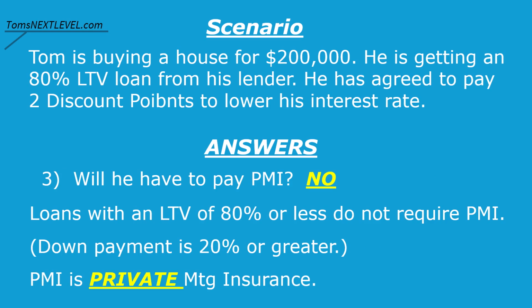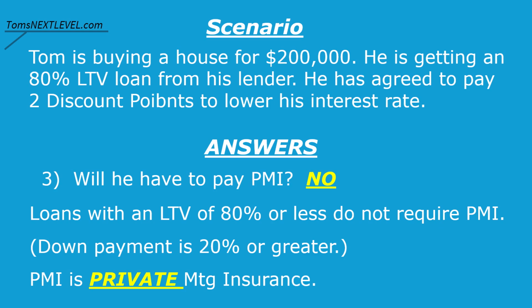And the answer to number 3, will he have to pay PMI? The answer is no. He will not have to pay private mortgage insurance. Remember, loans with an LTV of 80% or less do not require private mortgage insurance. And 80% or less for an LTV is going to equal what? 20% or more for a down payment.